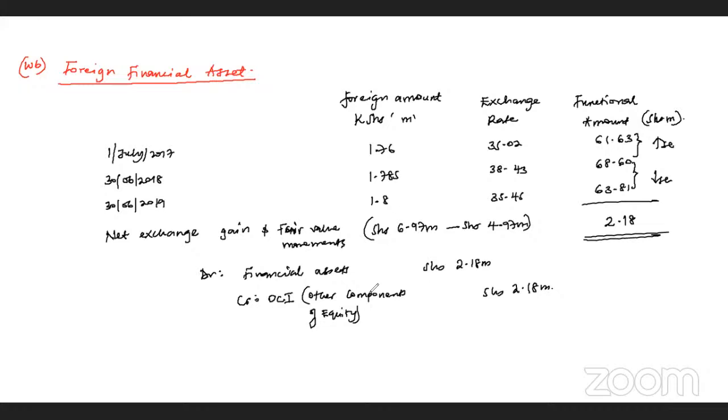According to IFRS 9, financial assets classified as available for sale have their changes in fair value taken to OCI, and this is a non-monetary asset, and according to IAS 21, exchange differences arising from translation of non-monetary items should be taken to other comprehensive income, not profit or loss.